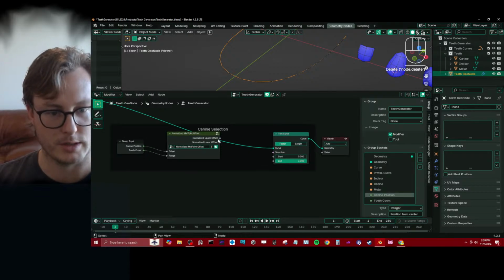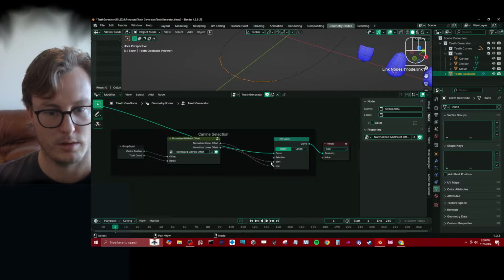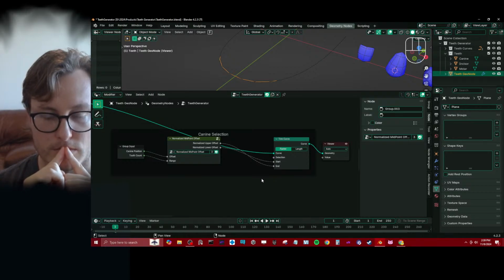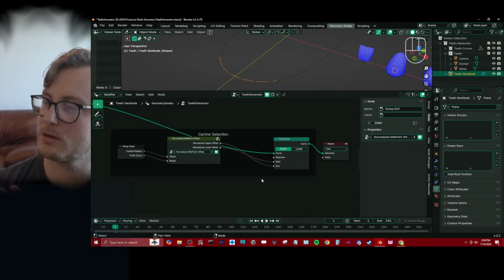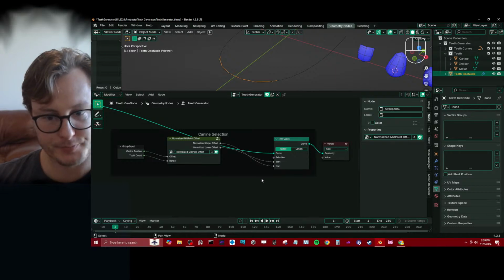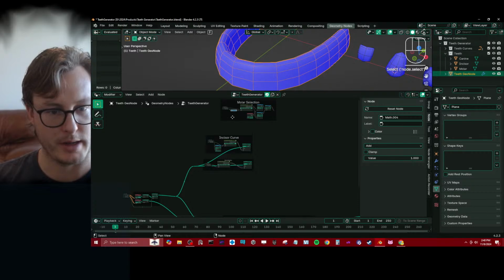Named attribute, I just need the upper and lower. But this one's a little different. We'll come back to this one. Let's do the molars right now.